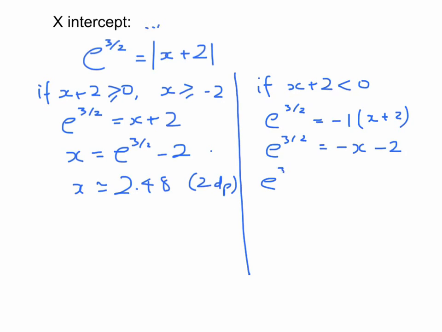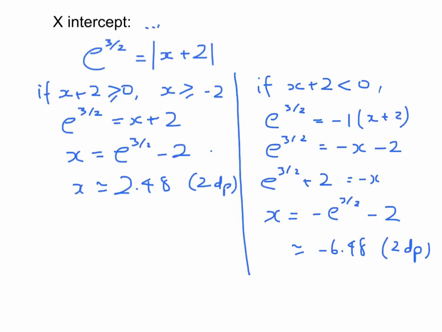So you get e to the power of 3 on 2 plus 2 equals negative x. And then last but not least, you divide by negative 1. You could have divided by a negative 1 before, but I chose to do the expansion for some reason. Equally fine for both reasons. So that approximately equals negative 6.48 to 2 decimal places.